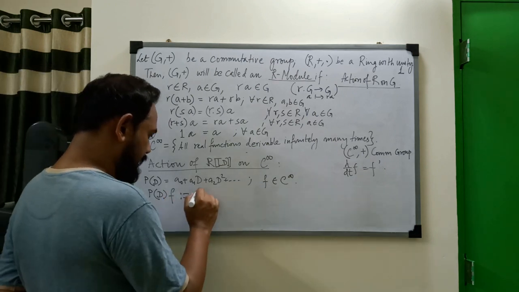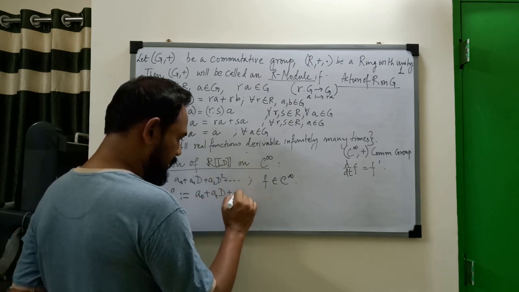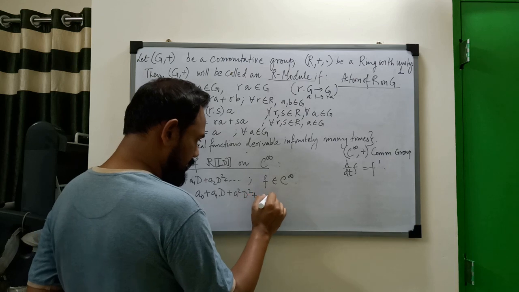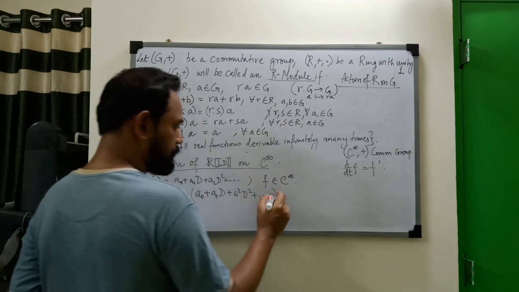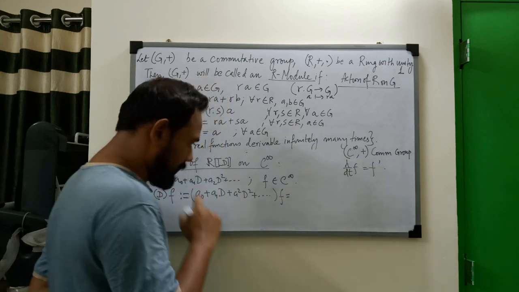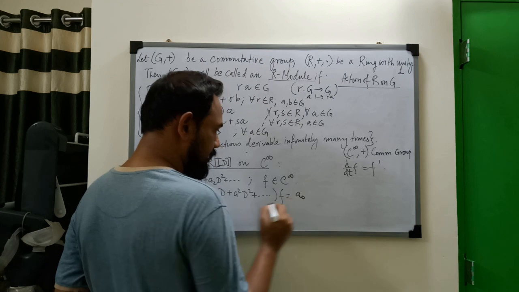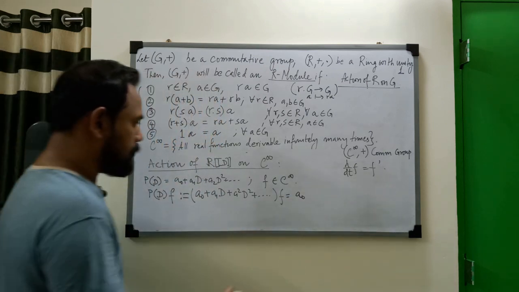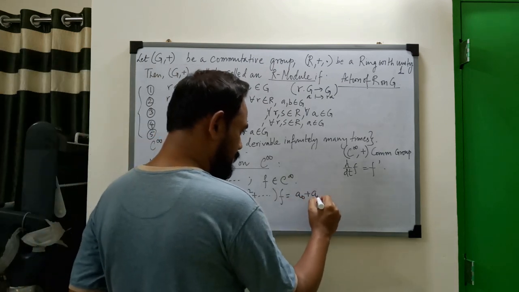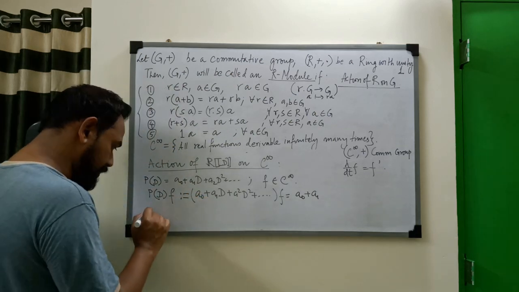Okay? So the action of A0, A1D, A2D square, the action of this PD, is just spelled out here, on F is given by the individual actions. So that is going to be A0 plus A1. What I mean by D now, that's what I will tell you.